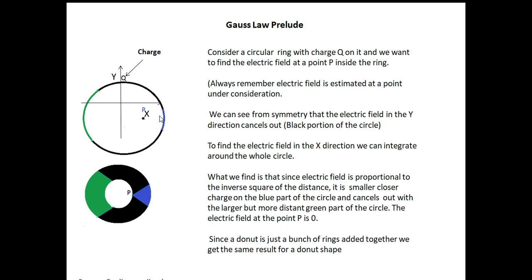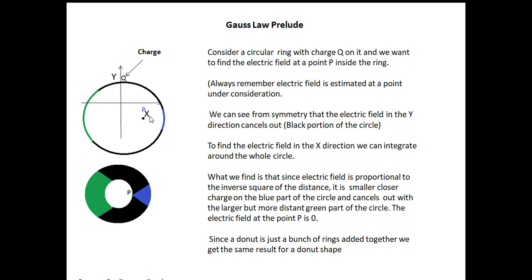Now, just consider a circular ring which is charged, and this is a charge Q on it. Now, we want to find out the electric field at a point P here. Now always remember, as I told a few minutes ago, electric field is estimated at a point under consideration.